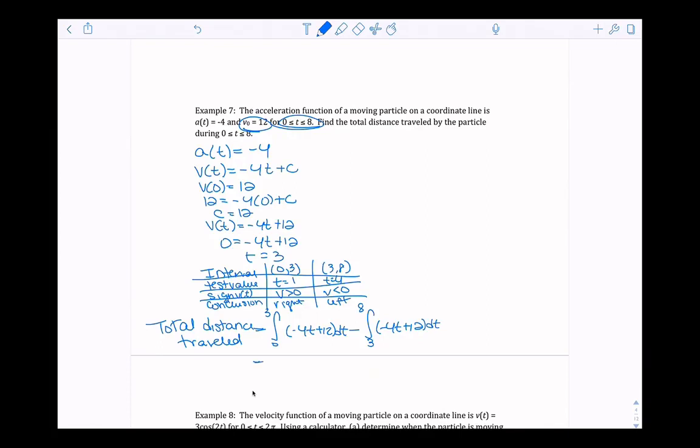So then I would get -2t squared plus 12t, going from 0 to 3, minus, or I could go plus, 2t squared minus 12t, going from 3 to 8.